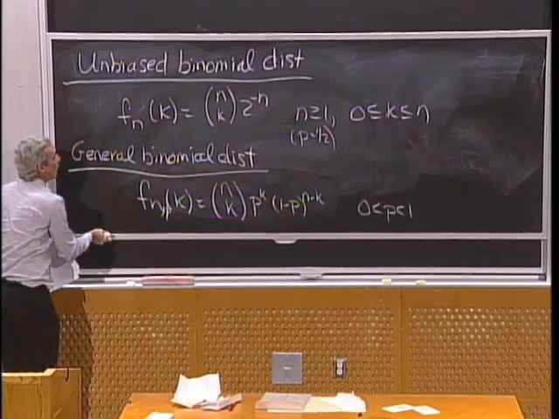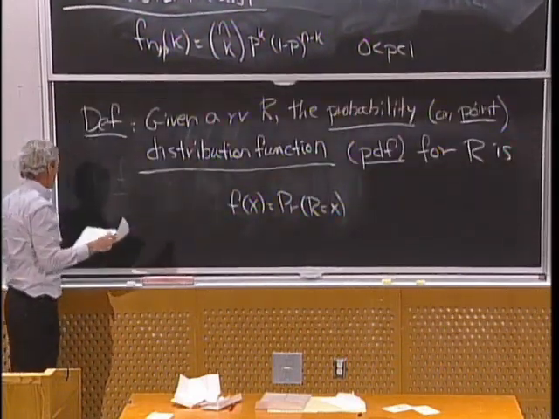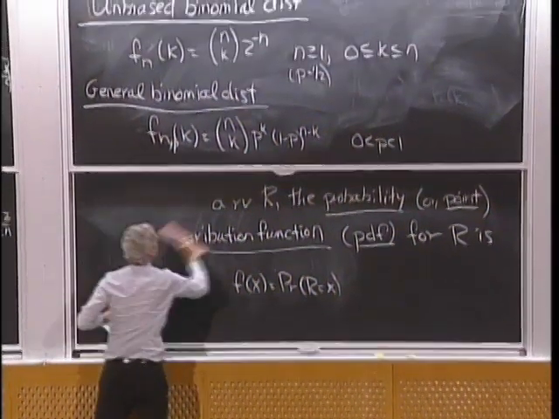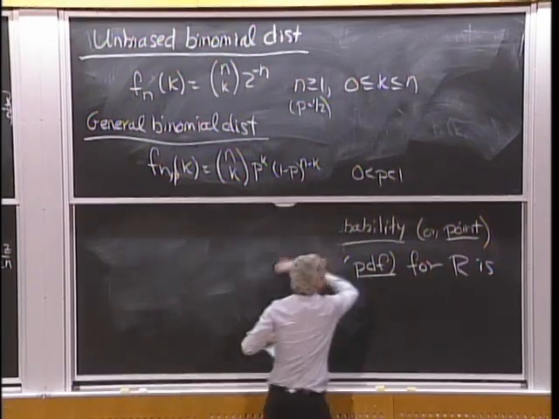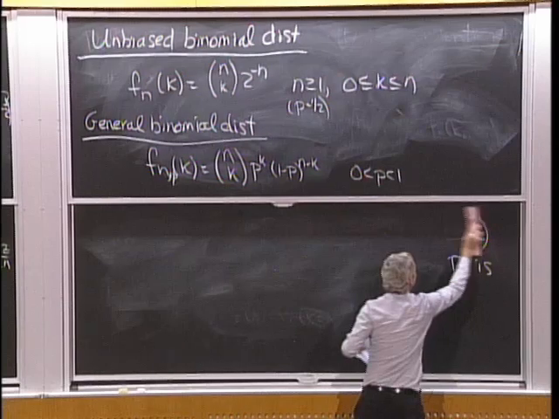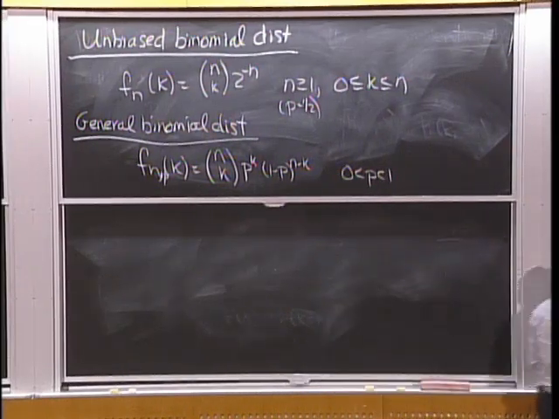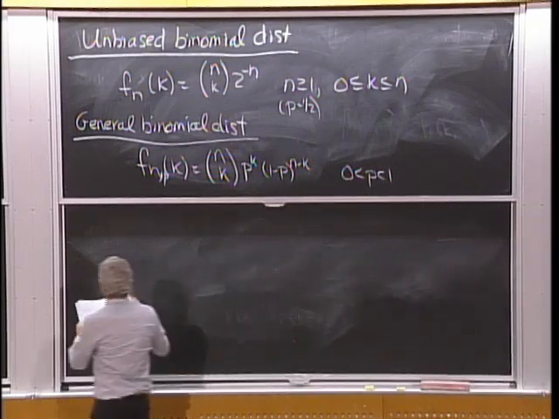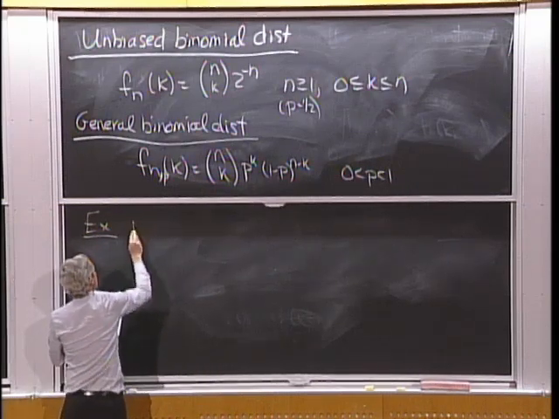To give you an example why this is so important and why it comes up all the time, imagine that you've got a system with n components, and that each component fails with probability p. And you want to know the probability of having some number of failures. All right, so for example, there's n components.